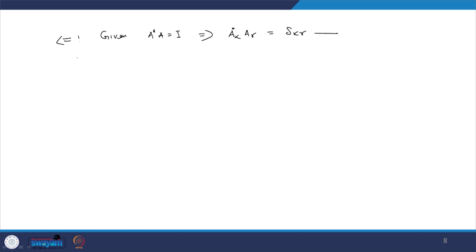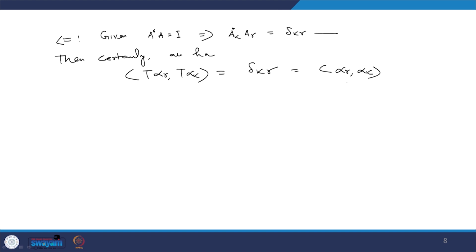Then certainly we have the inner product of T alpha r and T alpha k equal to delta k r, which is equal to the inner product of alpha r and alpha k. So, this implies that T preserves inner product. So, T is a unitary operator.